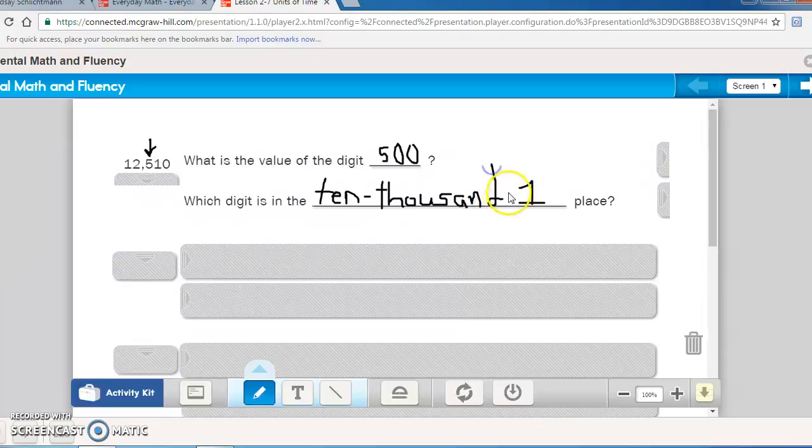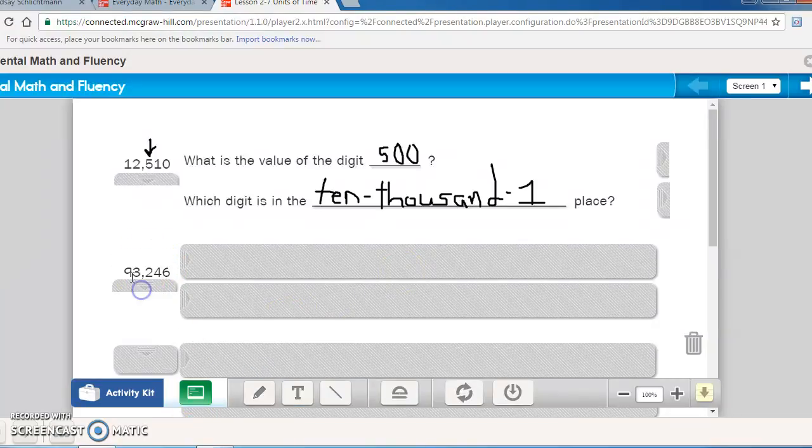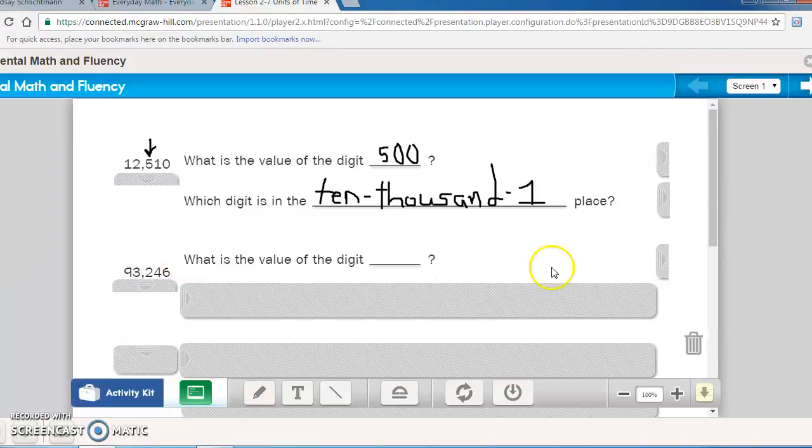The next one. 93,246. What is the value of the digit 9? Sorry, I kind of did the one up top a little bit oddly.